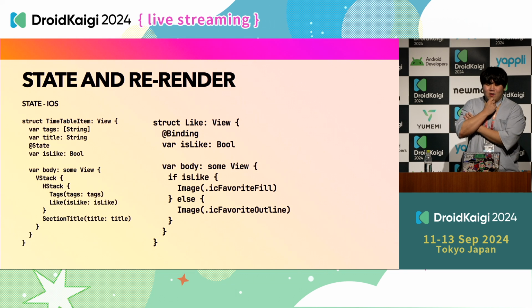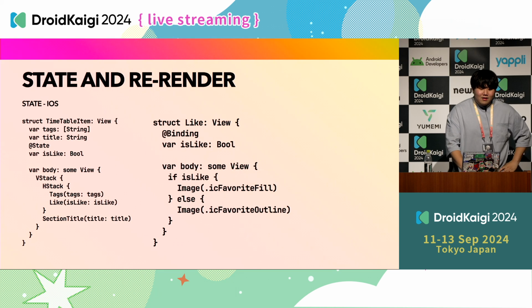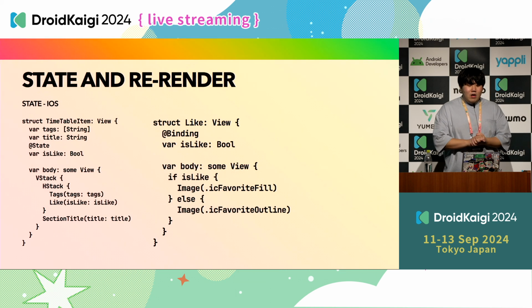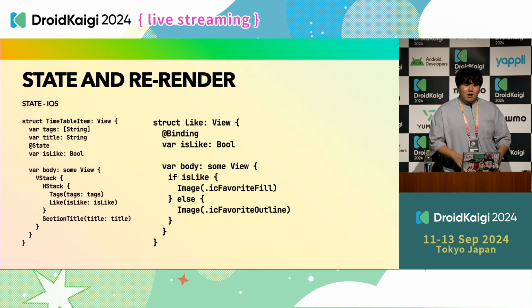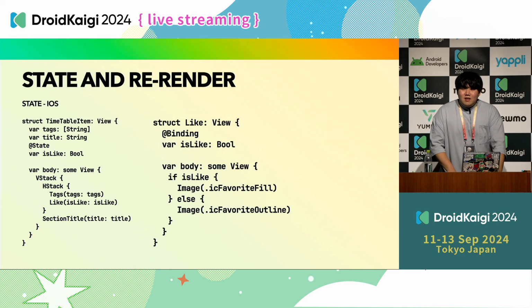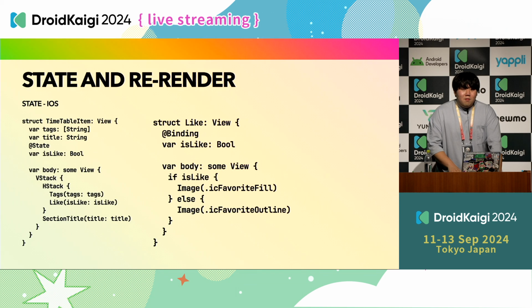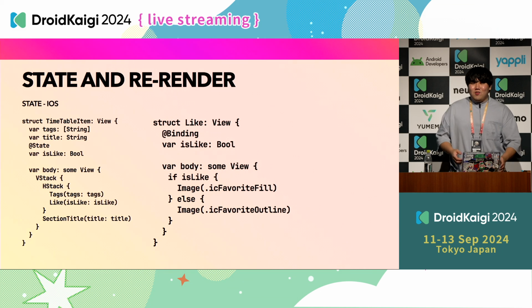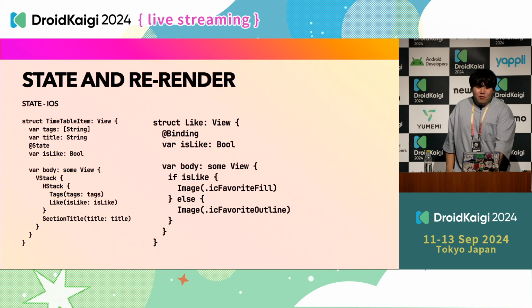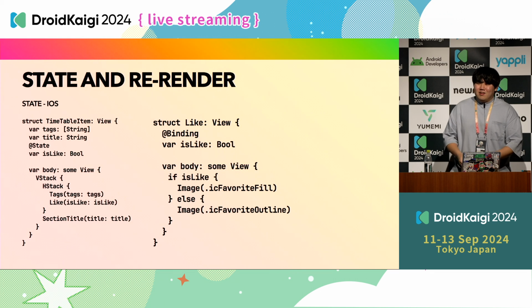However, SwiftUI uses a slightly different method for handling state. Instead of changing the variable itself, you attach a State annotation to the variable that will alter the screen. In Swift, this is technically called a macro or property wrapper. But since most of you are Android developers, I will use a more familiar term.